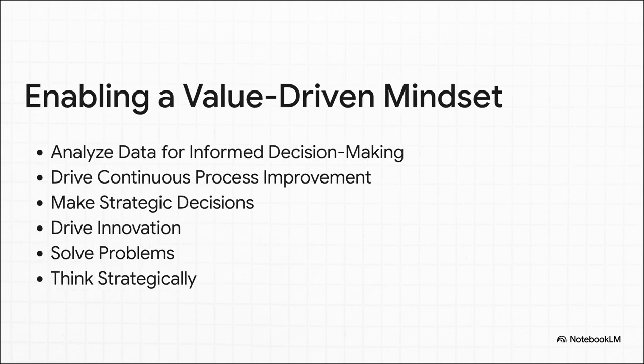And what about enabling a value-driven mindset? Same story. This is not some fluffy mission statement. It translates directly into these actions. And notice how active they are. Analyze data, drive innovation, solve problems. These are all doing words. It proves the modern PMO leader is supposed to be a proactive force for good, not just a passive manager.